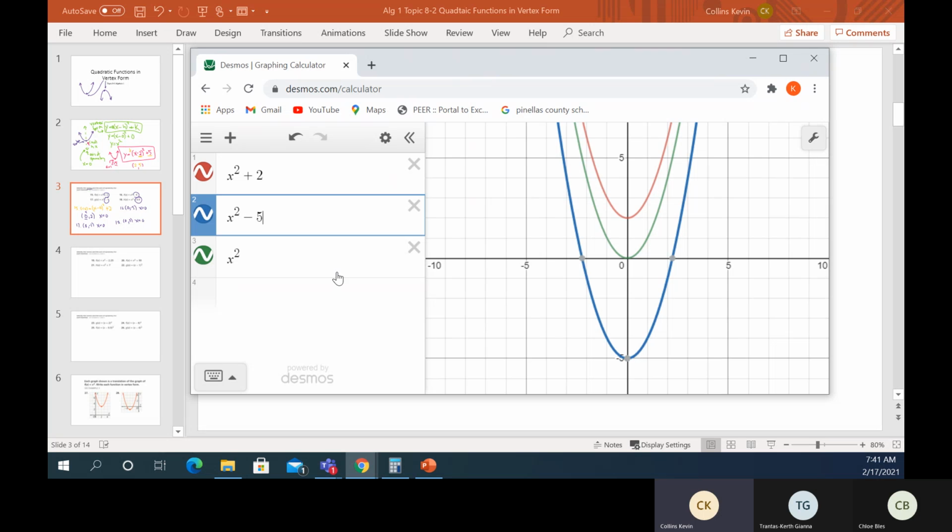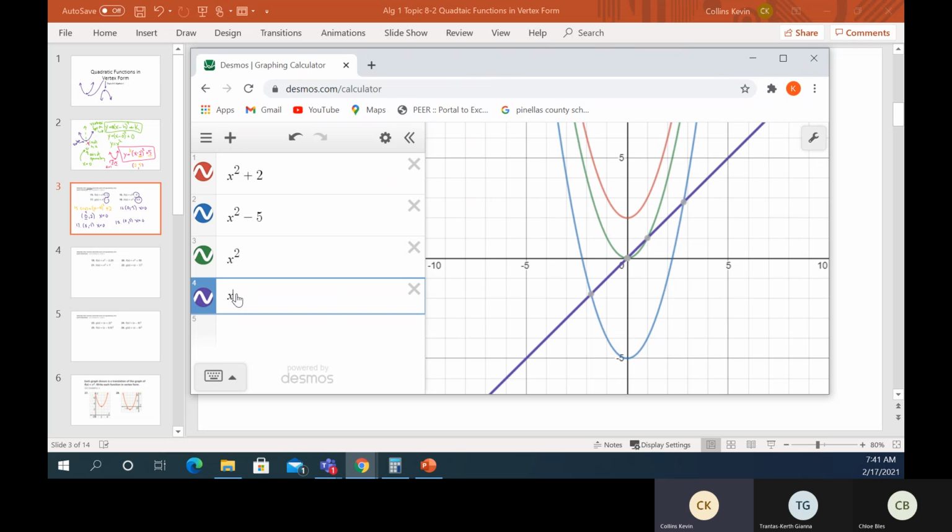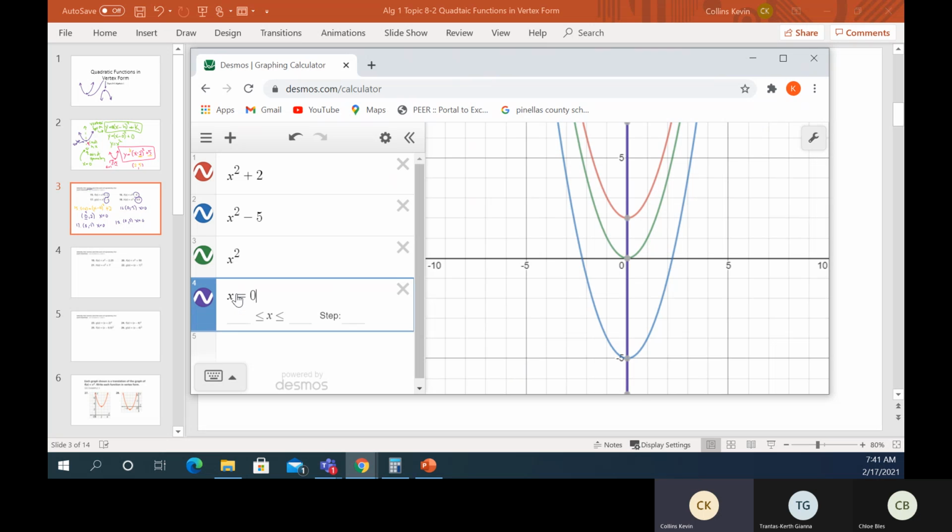And again, here's our vertex. Remember we said our vertex was 0, negative 5. And our vertex on this one is 0, negative 2. And again, your axis of symmetry on all of these is x equals 0.